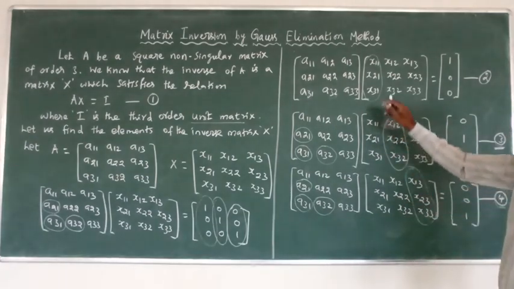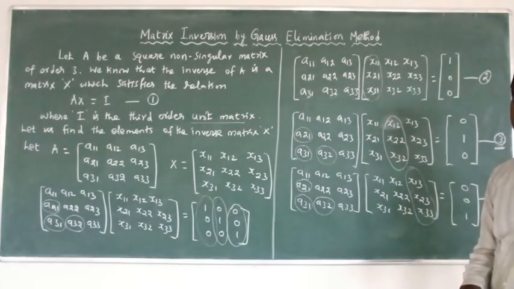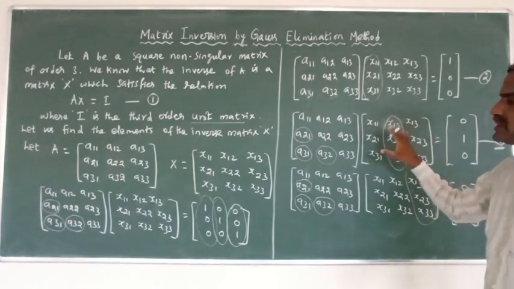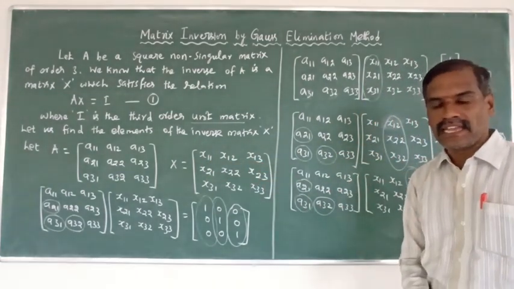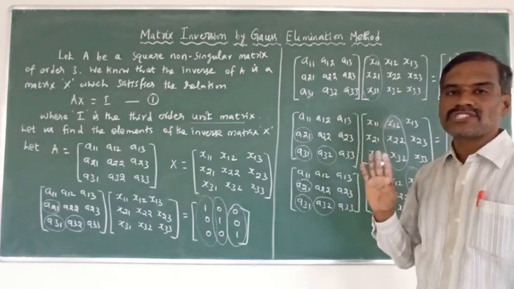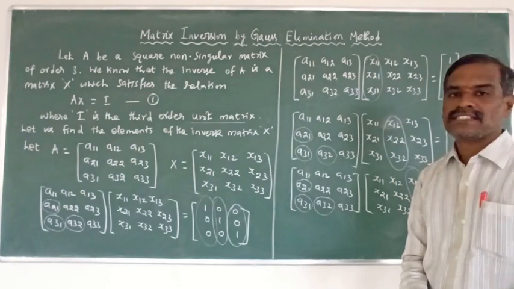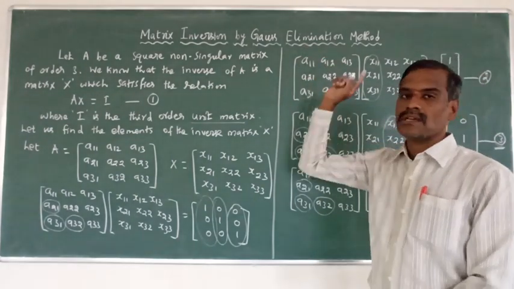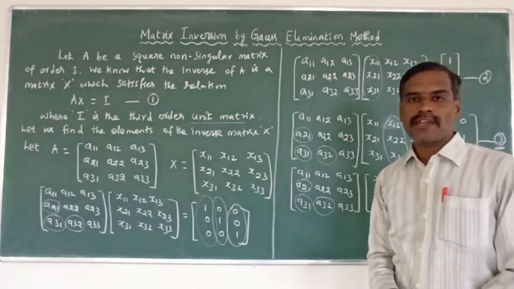All the 9 values, substitute in X. This is the inversion of a matrix by using the Gauss elimination method.